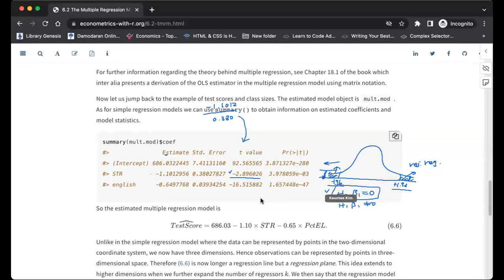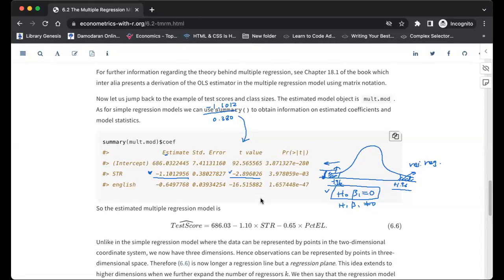At the 5% level, we can say the coefficient between the student teacher ratio and the score is unlikely to be 0.